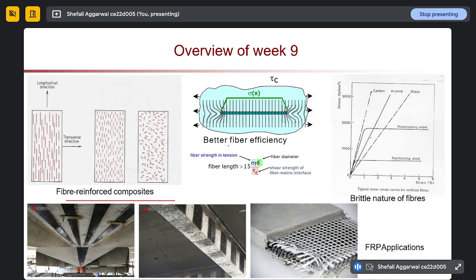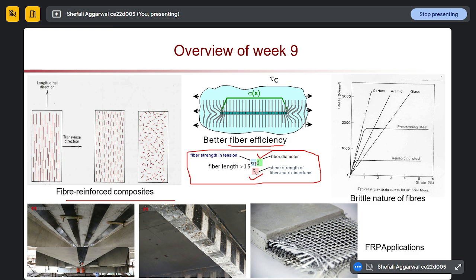And for better fiber efficiency, what should be the fiber length, how we can calculate the fiber length in tensile strength. It will depend on your fiber diameter and what is the shear strength required for the fiber matrix interface. All these things you have already studied in your lecture, so I won't go in deep.